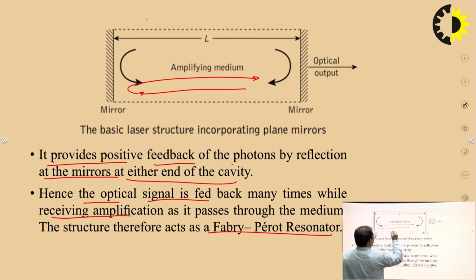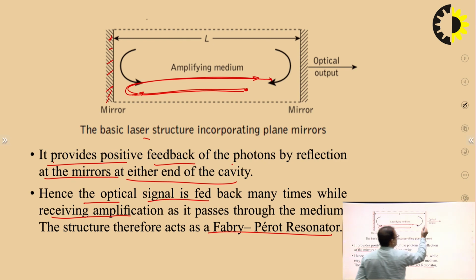Now if I say a photon which is produced here gets reflected by this fully reflective mirror, and it moves towards this one, the gain of the photon builds up. But if the gain is still not up to the mark to pass beyond the reflective mirror, then this photon will also get reflected by this one.